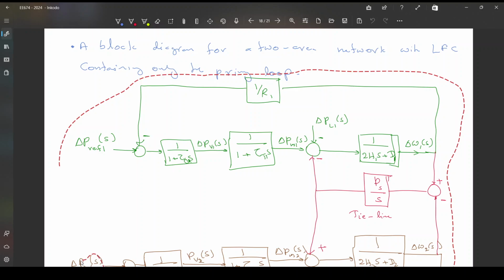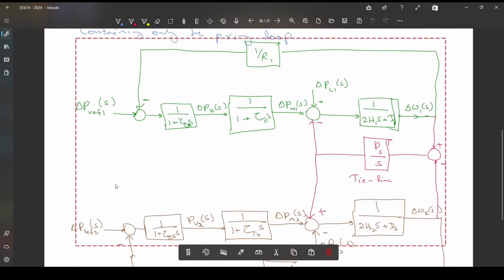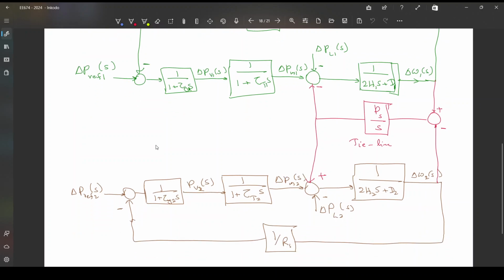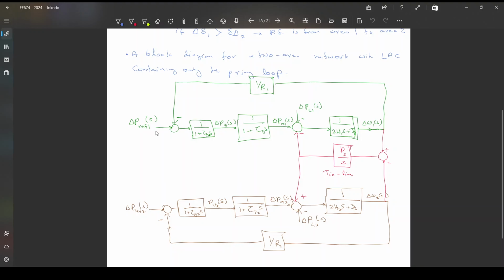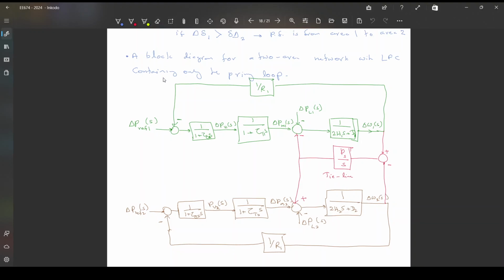My bad, there's a whole lot of stuff, so let me do that and try to get the whole diagram.